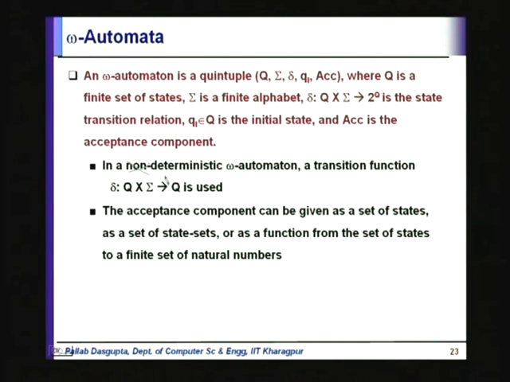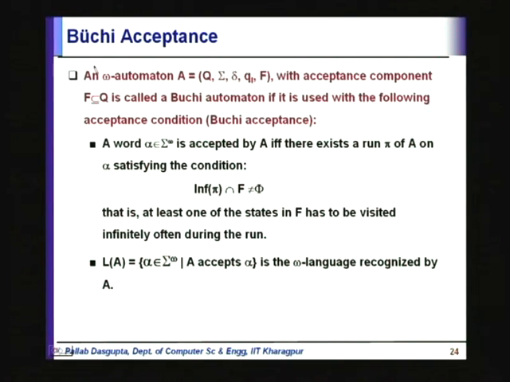Within omega automata, the first one that we look at is the Büchi automaton, and as you can see the quintuple is the same, except that for Büchi automata the acceptance condition is a set F. What is F? F is a subset of Q, a subset of the set of states.